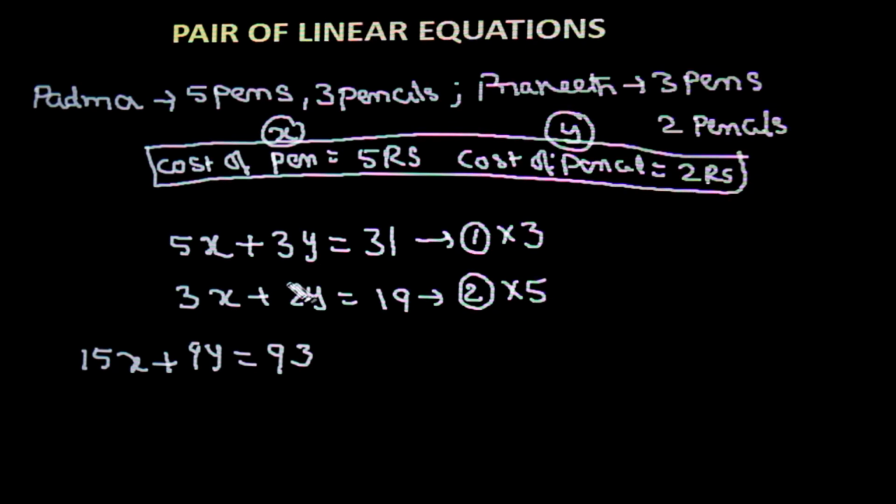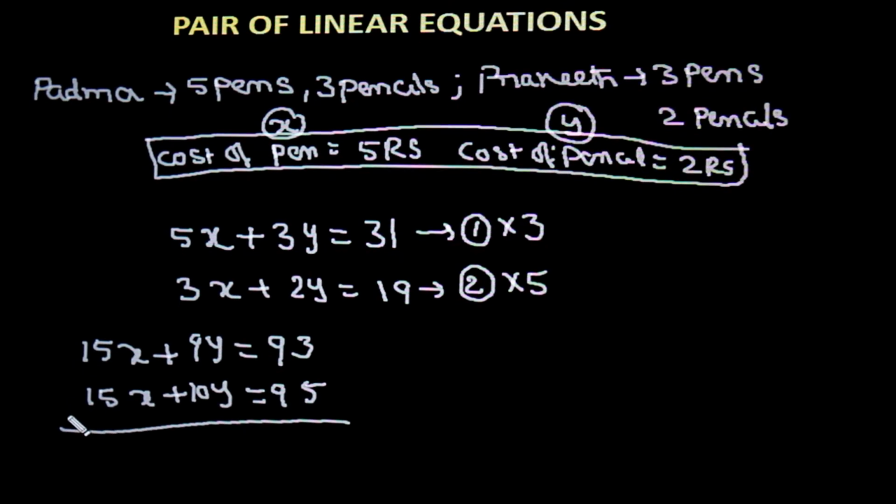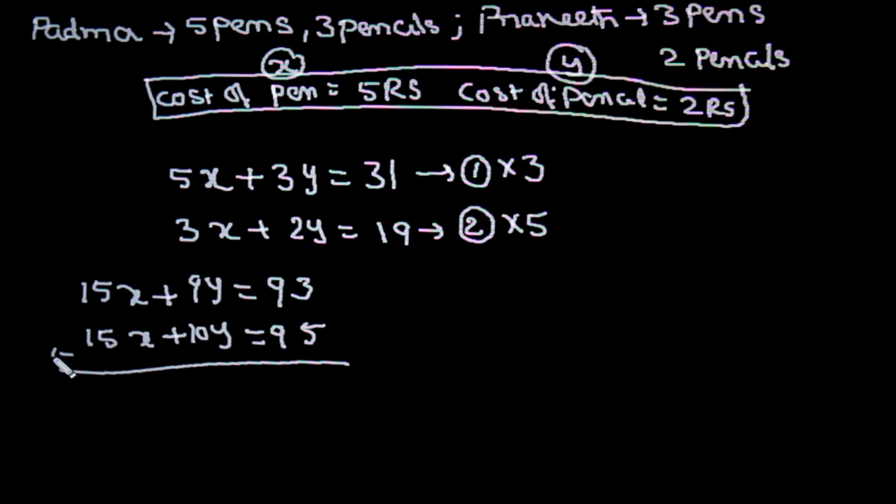In the same way, 5 3s are 15x, 5 2s are 10y, and 5 19s are 95. Then both are positive, therefore you have to subtract.